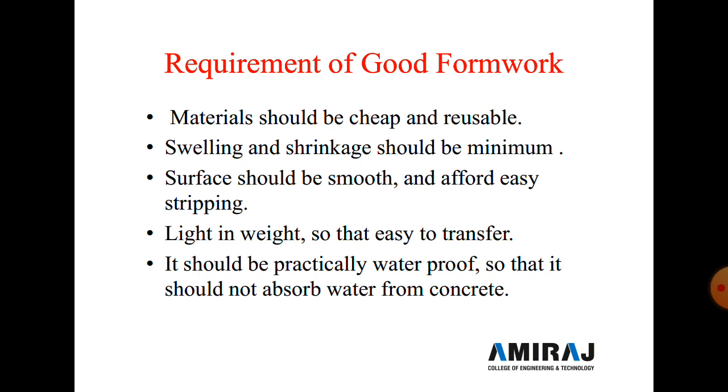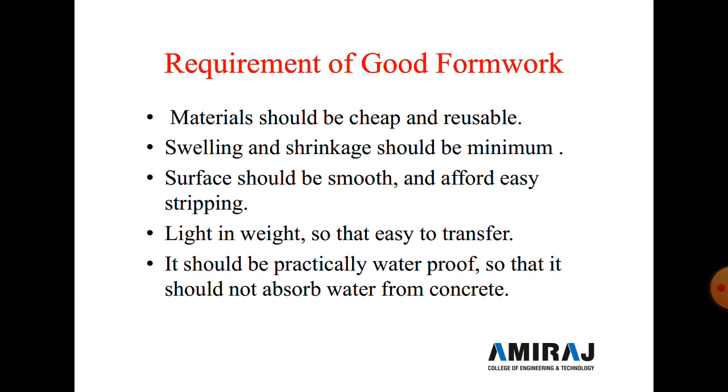Next, swelling and shrinkage should be minimum. So here we use a material which should not shrink. Generally steel formwork does not shrink, and it is a very durable material. The surface should be smooth and easy to strip.